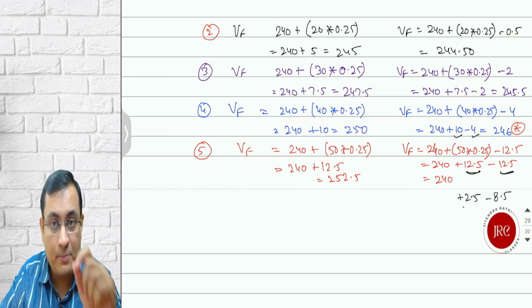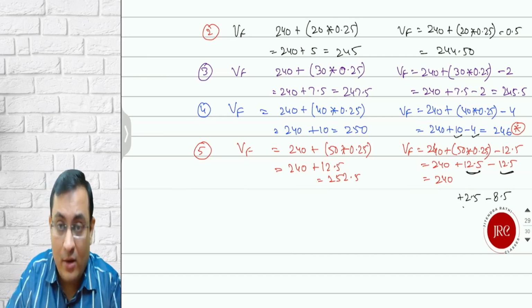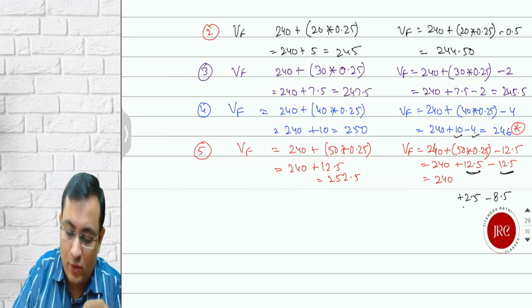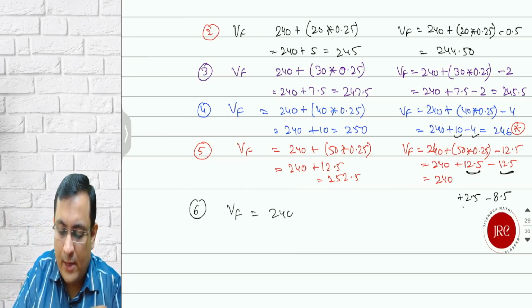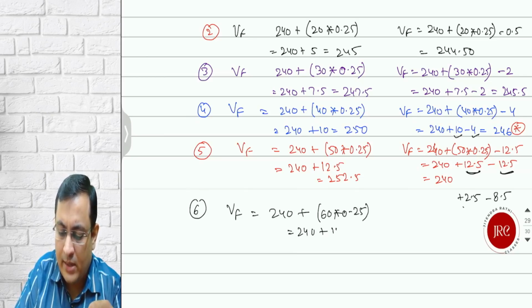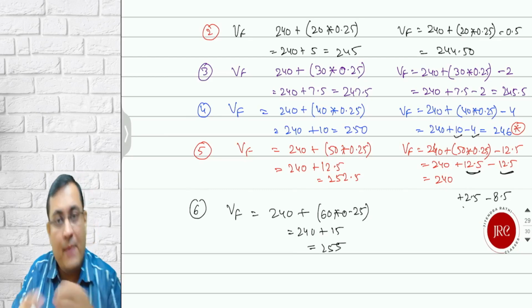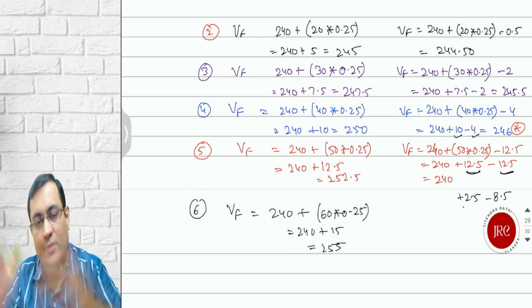So what is the optimum point? From here onwards, your valuation is going to go down. In the sixth case, 240 plus 60 into 0.25 is going to give 240 plus 15, which is equal to 255. It is increasing the value as you increase the debt.